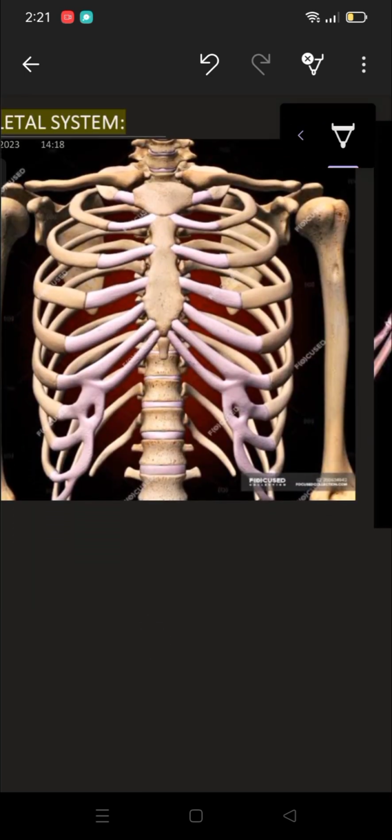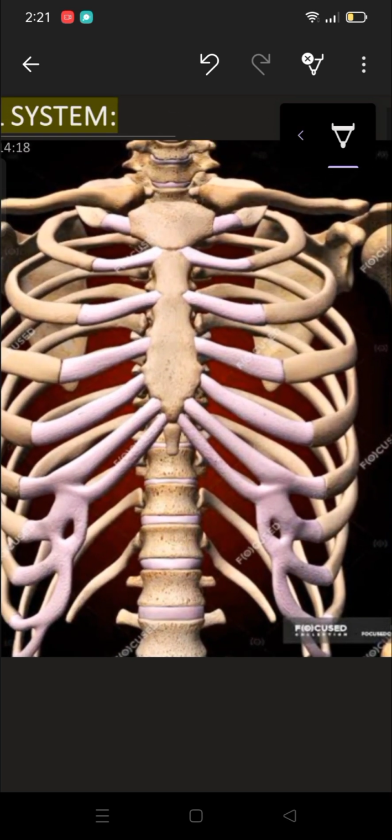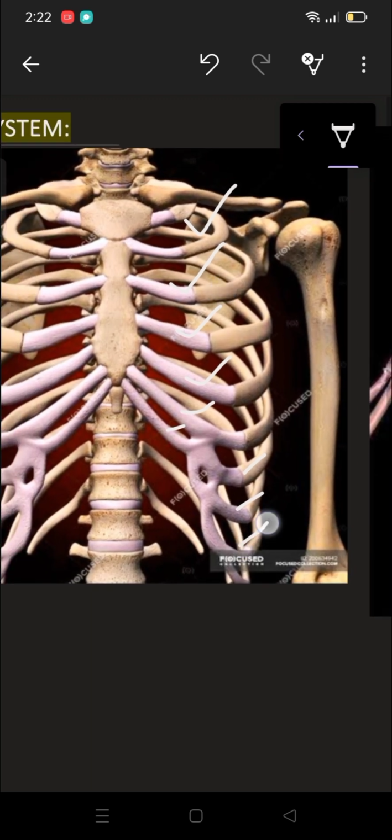Let me use the marker here. Today we are going to discuss the ribs, and ribs are 24 in number. As I told you, the pairs of the ribs are 12 in number. As you can see, this is the first, then we have the second, third, fourth, fifth, sixth, then 7, 8, 9, 10 and 11, this one, and 12, this one.